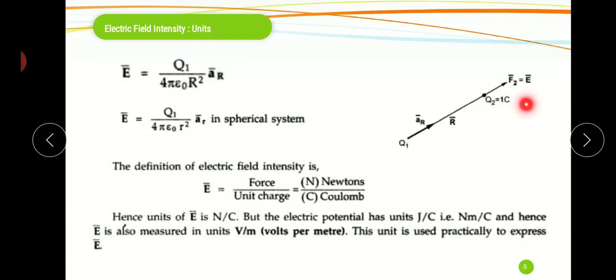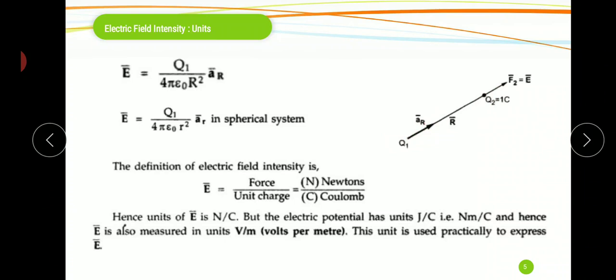The unit of charge is the coulomb, so the point charge is equal to 1 coulomb. The distance between these two charges is r bar. Automatically a unit vector is aligned along the line joining Q1 and Q2, that is A bar r.